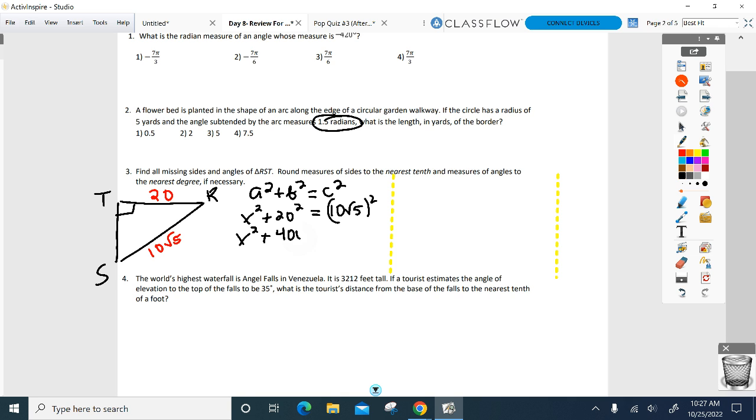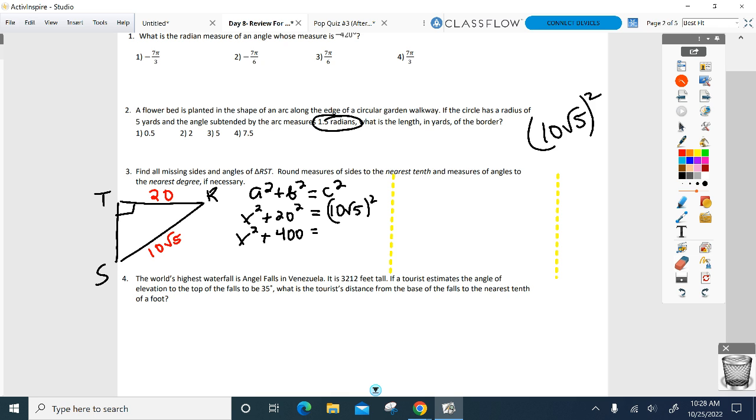Hey, little calculator tip. Be careful when you do 10 radical 5 squared. If you just type it in the calculator like this, calculators think you just want to square what? Radical 5. You don't want to square radical 5. You want to square the whole thing, so make sure that thing's in parentheses when you square it.